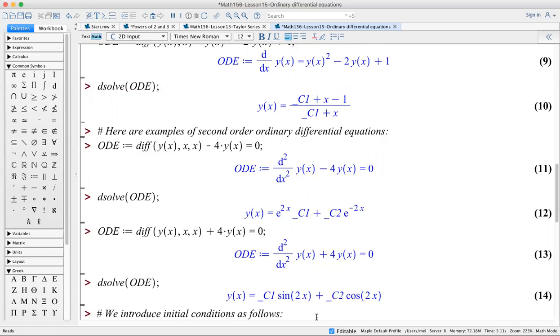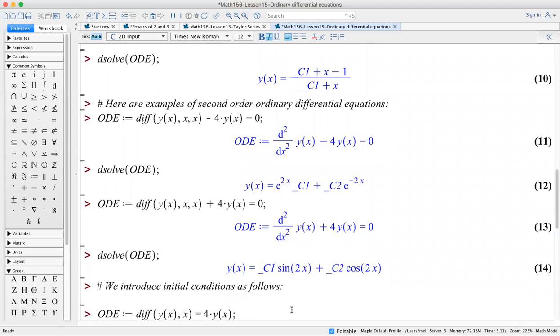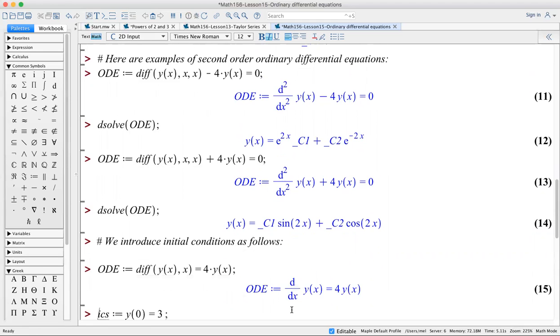Typically, the function and its derivative have specific values at x equals 0 or x equals some other number. So here's an example. Here we have a differential equation. This is a simple equation. dy dx is 4y. Again, we know the answer before we start. The answer is going to be a constant times e to the 4x.